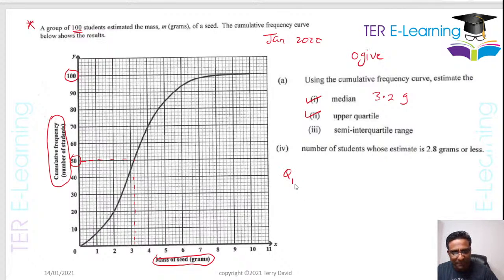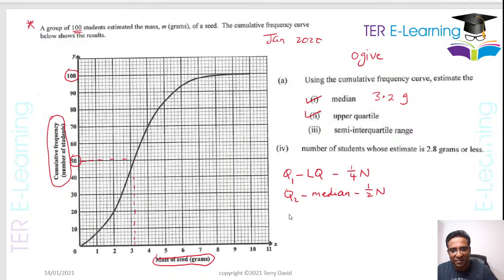So Q1 is what we call our lower quartile, and we need to read off a quarter of our data. Q2 is what we call our median, and that is half of our total data.